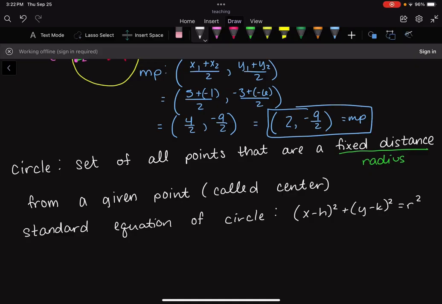So instead of using like x1, y1, x2, y2, I just use different letters. And so we like to say that h comma k is the center. And then you'll notice it doesn't have the square root because I left the squared on the r. So r is our radius.